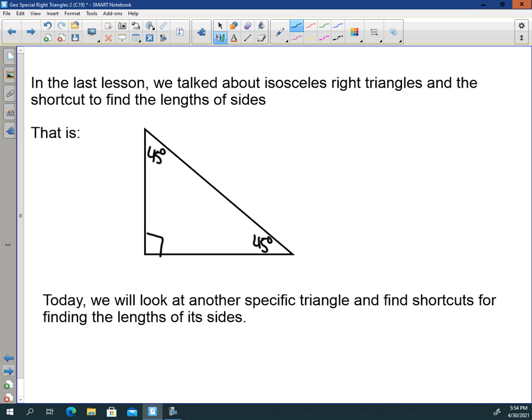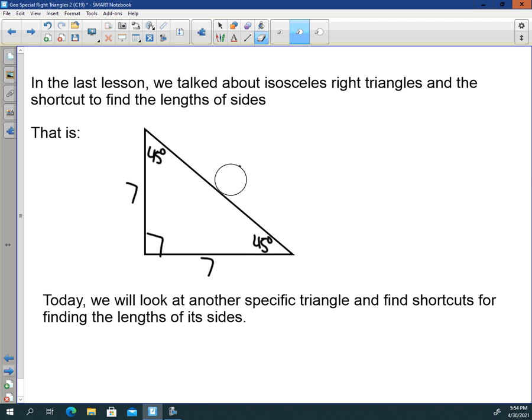That's all you need to know to find the side lengths if you know one of the sides. And there's no calculations to be done. If I know that this leg is 7 units, then I know that that leg is also 7 units because it's an isosceles triangle and two sides are going to be the same. The hypotenuse is going to be 7 times the square root of 2, because I know in every isosceles right triangle, in order to find the hypotenuse, you just put the side length next to the square root of 2, and that's it. That's all there is to it.